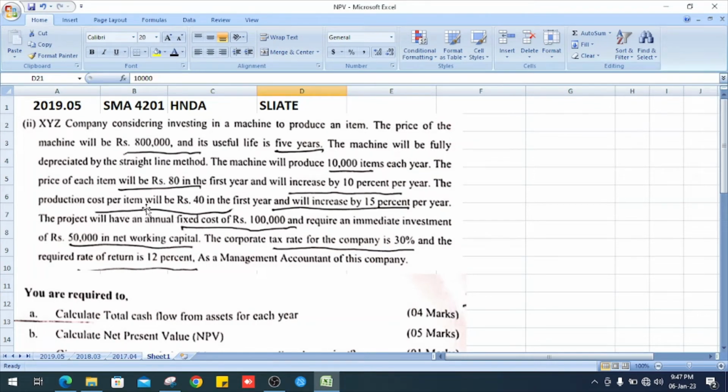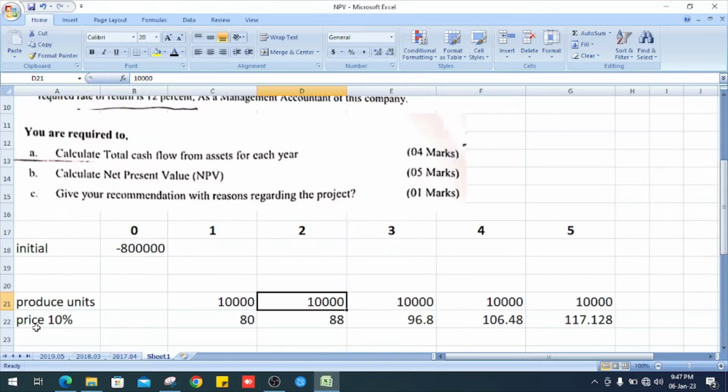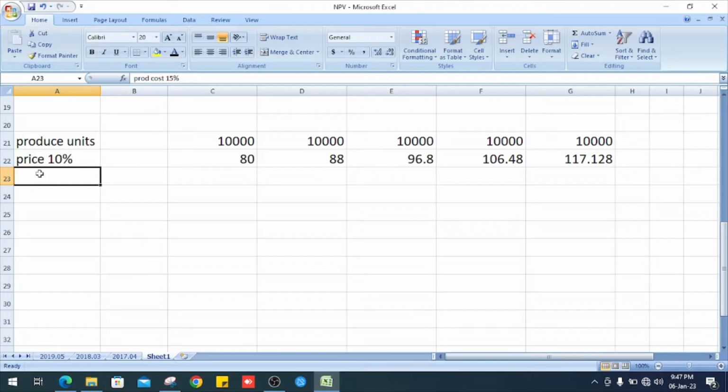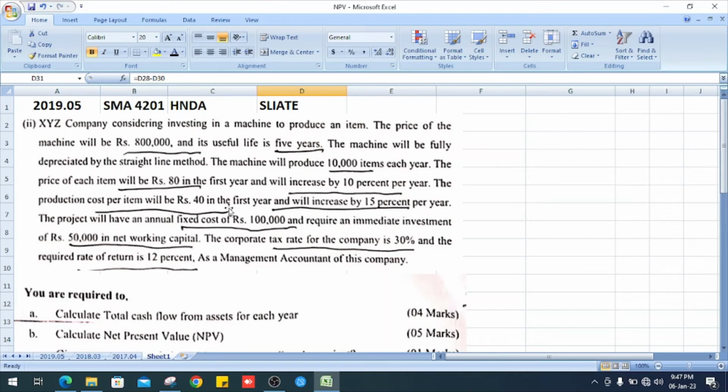The production cost per item will be 40 rupees in the first year. Our production cost is 40 rupees in first year. And will increase by 15% per year.